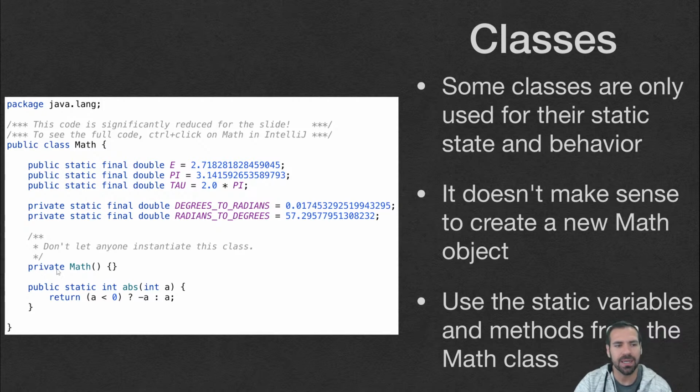If you did abstract, then they wouldn't have to have this private constructor because nobody can create an object of that type anyway if it's abstract. It would be another way of getting the same effect. But they went with a private constructor instead, which I like because it's neat and I get to talk about it without having to talk about abstract classes quite yet. But abstract classes can't be instantiated either. So that would be another solution to the same problem of not letting anybody create objects of that type.